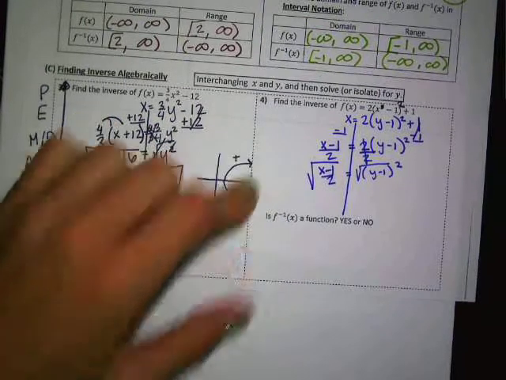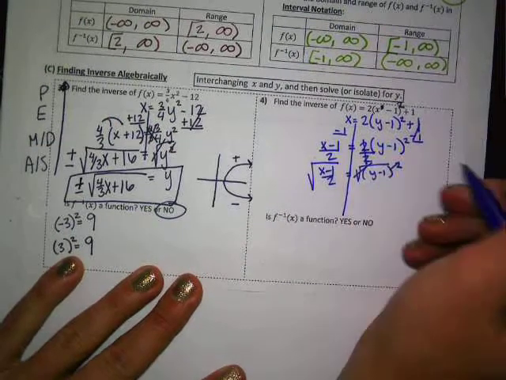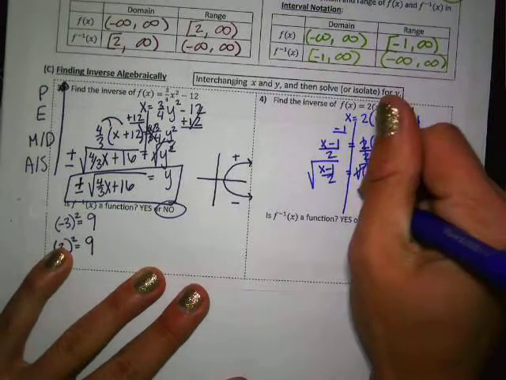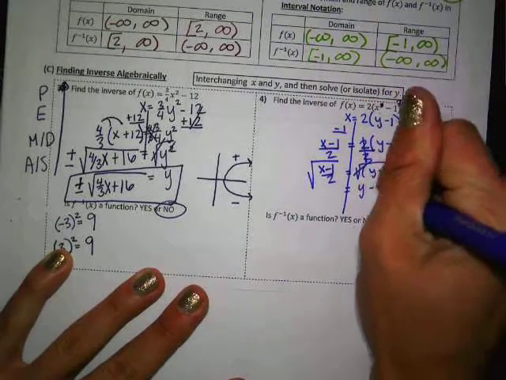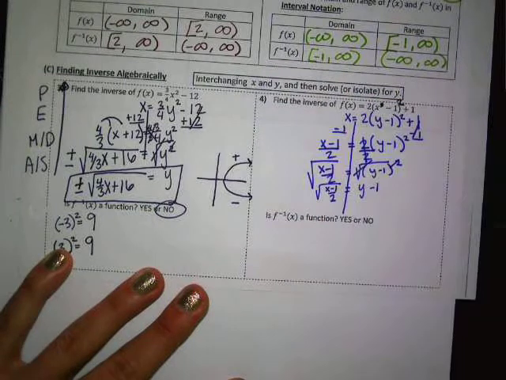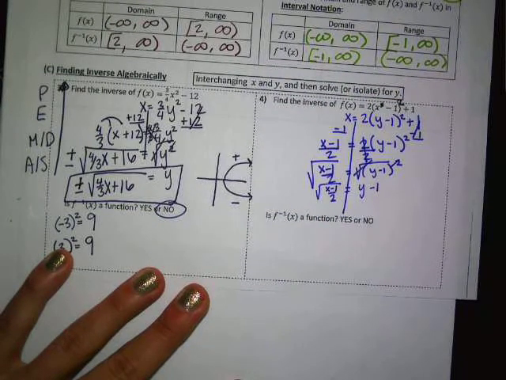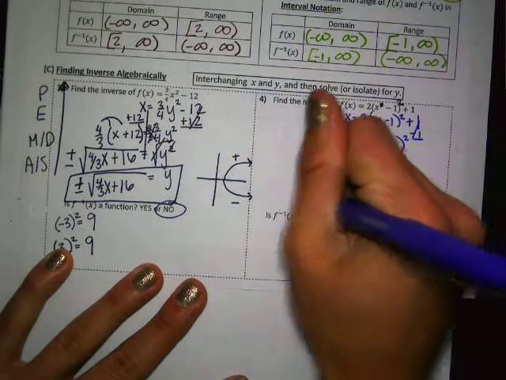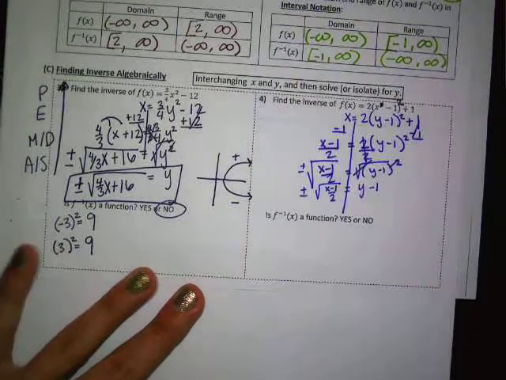Every time you square root, you need to put what sign, Andrew? Plus or minus. There you go. So every time you square root, make sure you put a plus or minus sign.